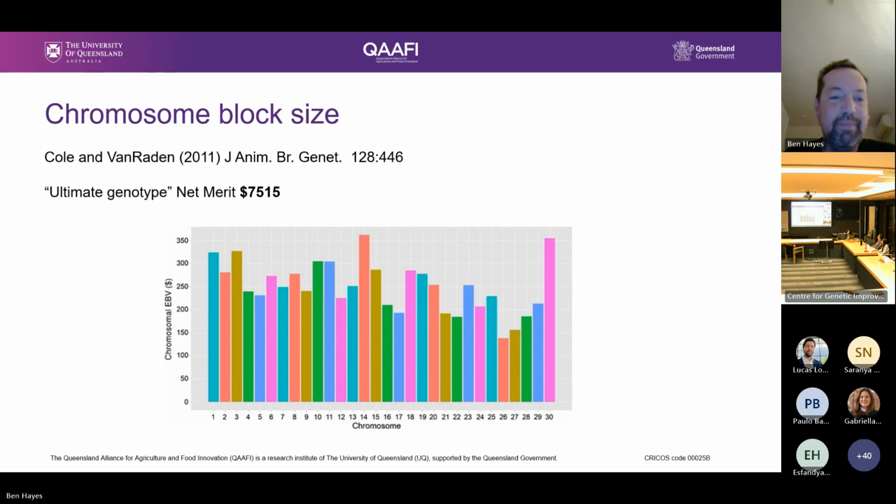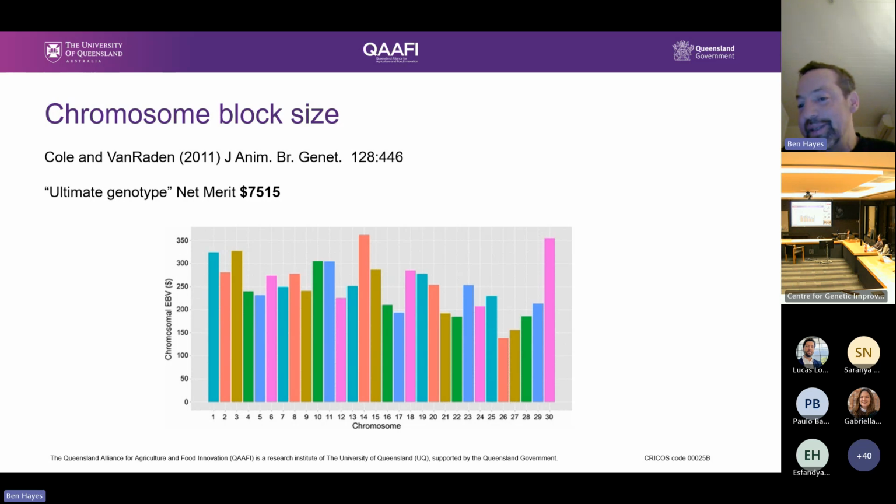They could have actually gone even further than that by looking at just whole chromosomes. On a whole chromosome, there may be lots of desirable alleles, but there will also be some undesirable alleles. And to break out those desirable alleles and just stack those desirable alleles, you're going to have to look at smaller block sizes.